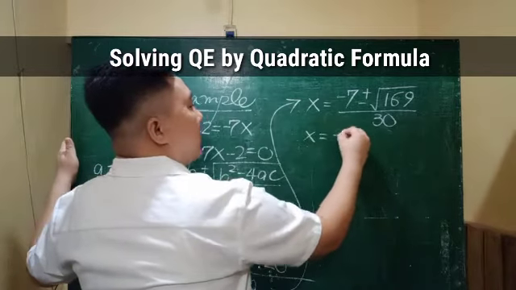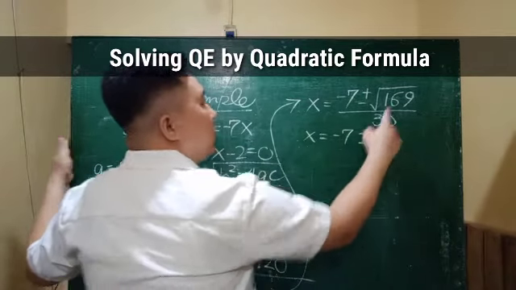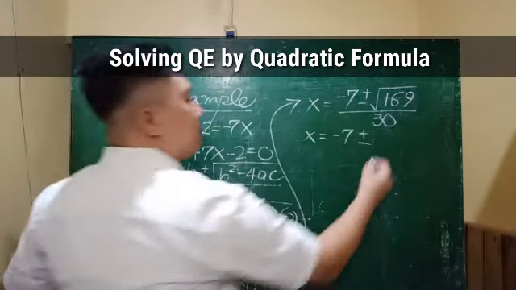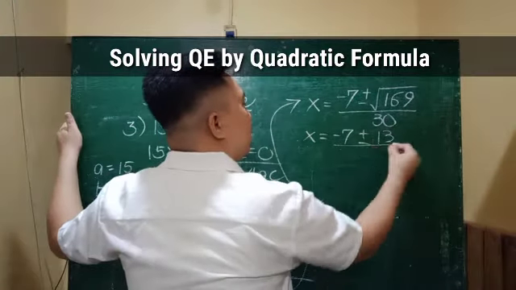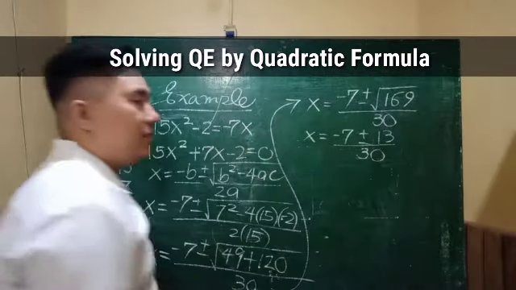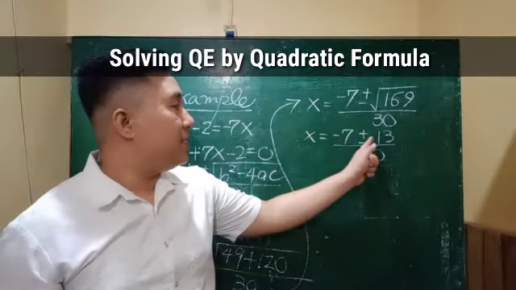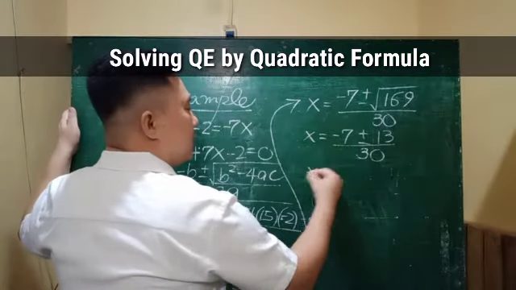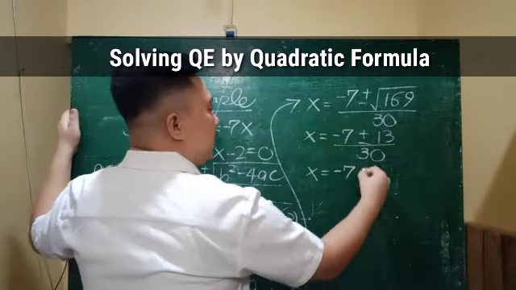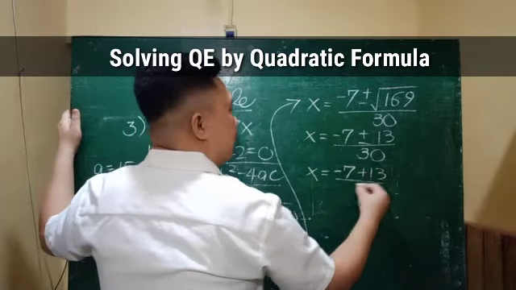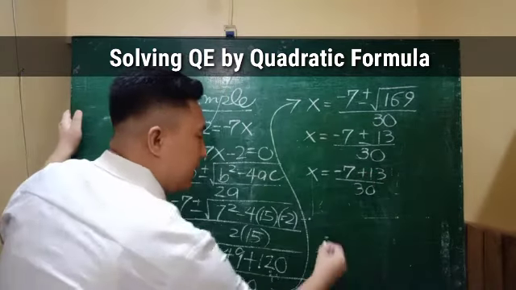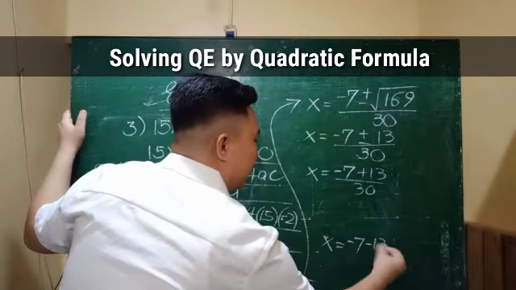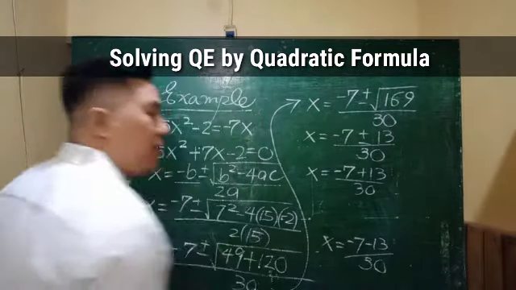X equals negative 7 plus and minus square root ng 169 ay 13 all over 30. Next, split natin ang positive and negative 13 into 2. Meron tayong x equals negative 7 plus 13 over 30. Then, x equals negative 7 minus 13 over 30.